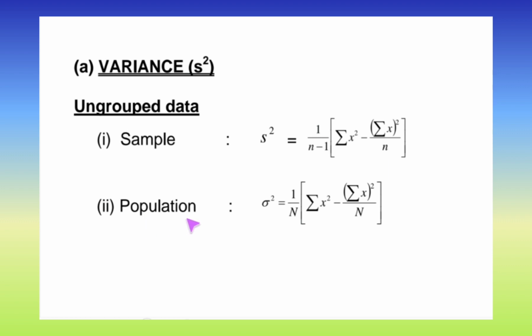For a population, the formula of variance for ungrouped data is sigma square is equal to 1 over capital N times, in a big bracket, summation of x square minus, in bracket, summation x square over n. N refers to the total number of the given data, the frequency.